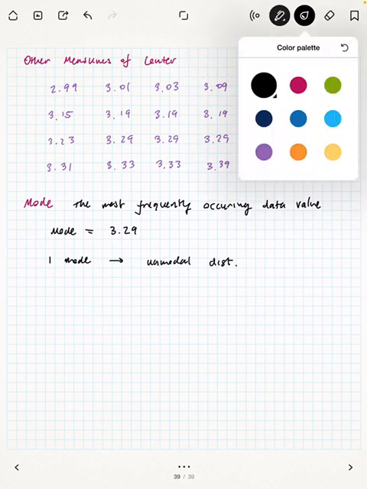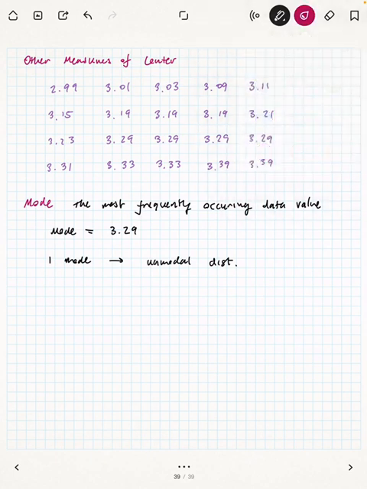So moving on, if we don't want to compute the mean or the median, we have a few alternatives. For instance, the mid-range is a fast and easy alternative to the mean as long as the distribution isn't too skewed.